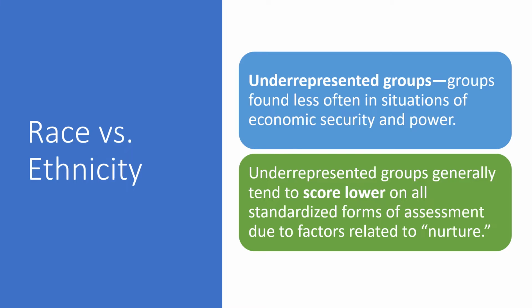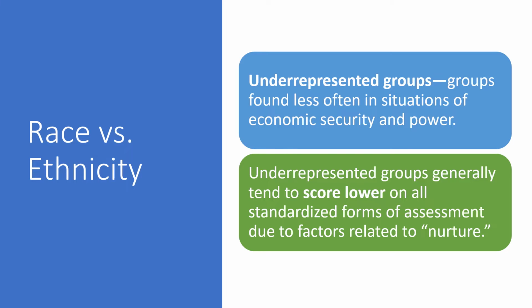For example, we might say that women are an underrepresented group in STEM, in certain areas of STEM, especially physics and astronomy. On the other hand, we might say that blacks are an underrepresented group in corporate CEOs. So underrepresented group can change its meaning in terms of the context.